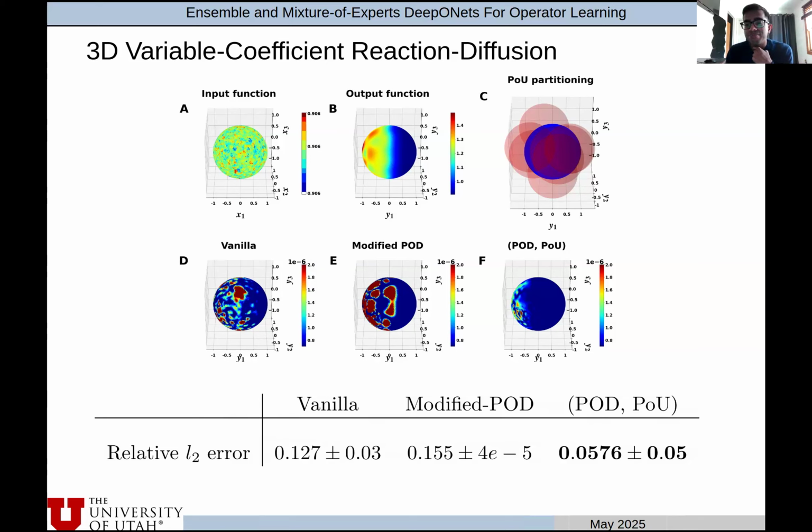And even comparing these 3, the POD-POU architecture outperforms everything else significantly. So it can resolve spatial discontinuities. That is one of the key insights that I'm going to be talking about later: whenever the problem had these sharp gradients, either artificially introduced or coming from something like a diffusion term, that's where the partition of unity trunk shines the most.